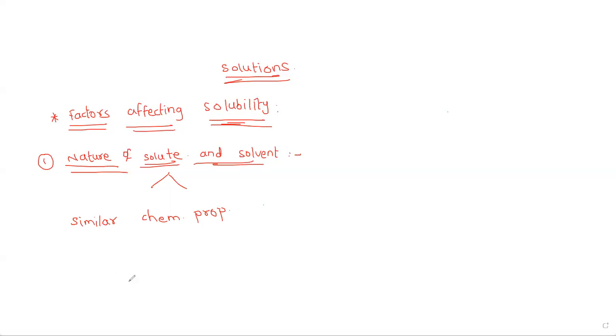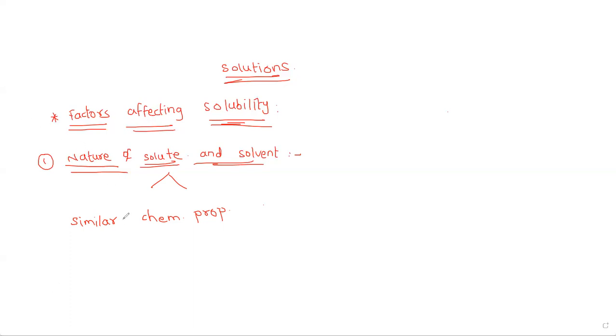Which means if solute and solvent have similar chemical properties, then the chances of solubility of that particular solution are high. If solute and solvent have very different chemical properties or characters, then there will be slight difficulty in solubility of that particular solution.